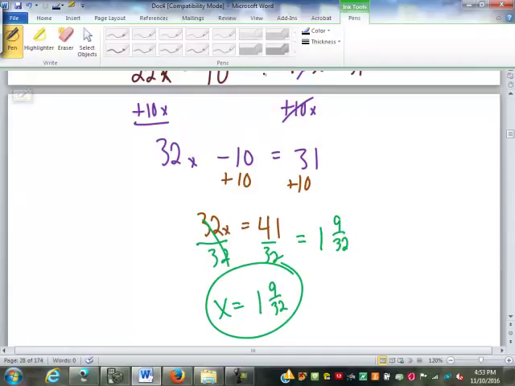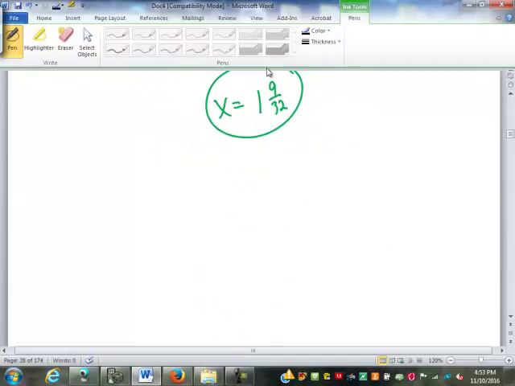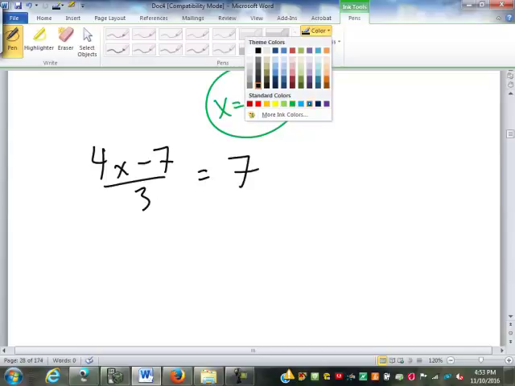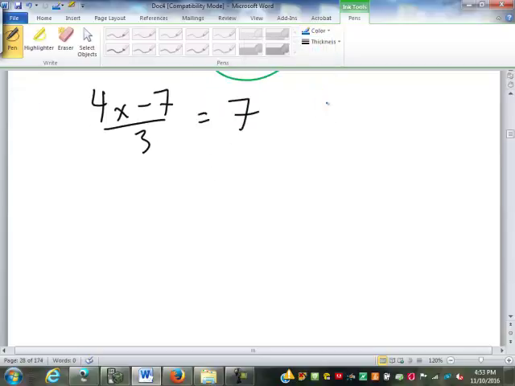One other type of one that I should show you. Ones that look like this, what do I have to do? Well, the key is really just in the first step. What do I do? Yeah, the whole side is divided by 3, so I'm going to multiply by 3 to get rid of that. So now the 3 is gone.